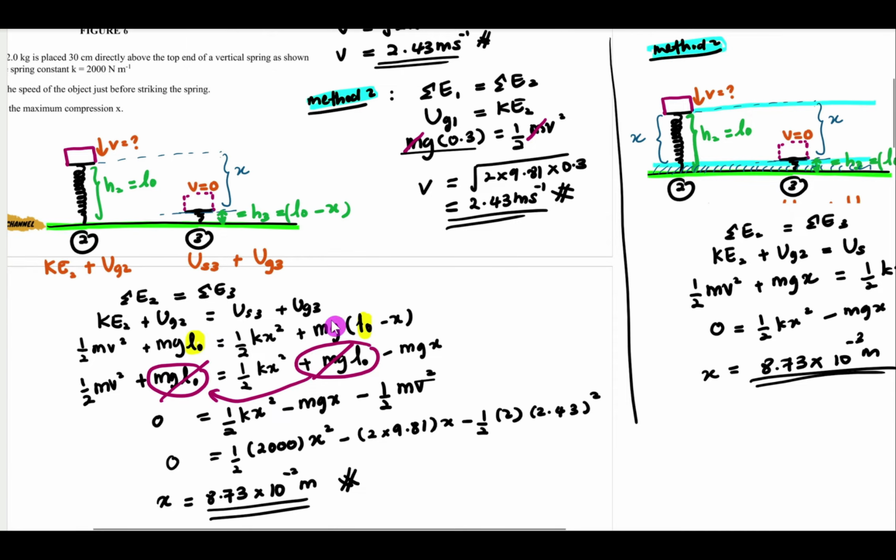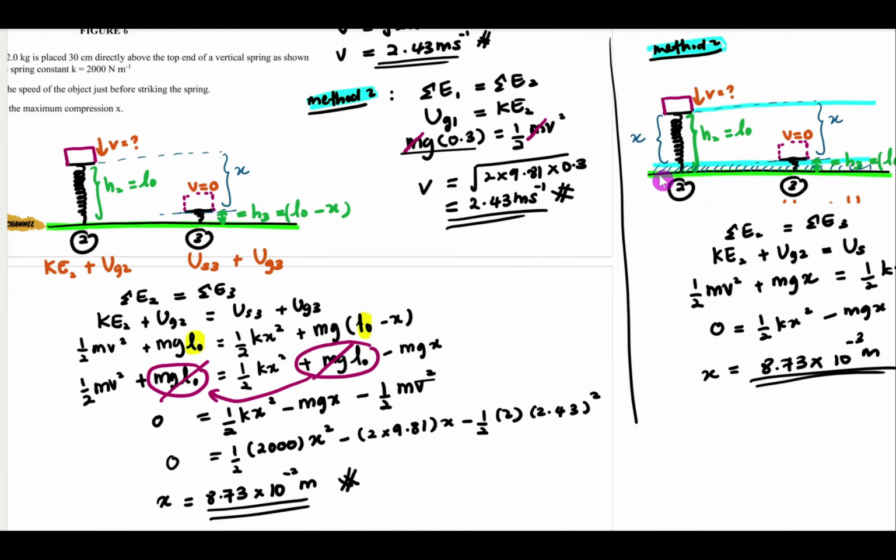MGH3, nampak tak, dia ada kecil bawah ni. So kena gantikanlah. H3 kita tak tahu nilai dia berapa, tukarkan dalam bentuk L0 minus X. Okay, you mesti practice. Jadi terpulang you nak guna method yang pertama ataupun method yang kedua, ikut keselesaan you. Boleh? Okay, so finish example number 1.